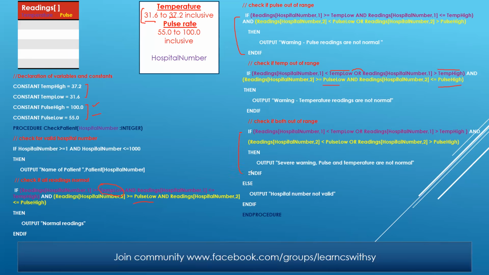Now, after that, we are going to check the condition where both the readings are out of range. If readings, the array name, hospital number, comma 1, meaning first column readings, which are temperature, less than temp low, or again, you can see the use of constant here, fine. Or, a very important thing is the use of or here. Readings, hospital number, comma 1 is greater than temp high, and readings, hospital number, comma 2 is less than pulse low, or readings, hospital number, comma 2 is greater than pulse high.